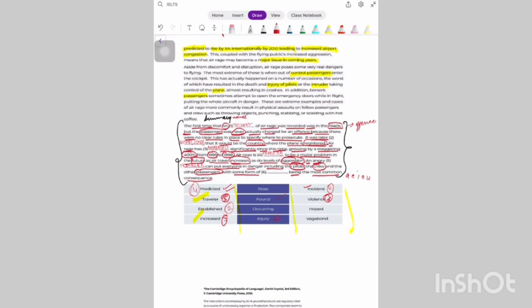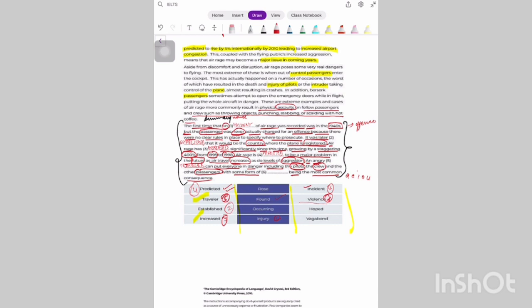With some form of violence, or let's look at the word. These extreme examples and cases of air rage commonly result in physical assaults on fellow passengers and crew, such as throwing objects, punching, stabbing, scalding with hot coffee. So assaults is given. Can you find the word assaults? No, but I can find the word violence in the form of physical violence.